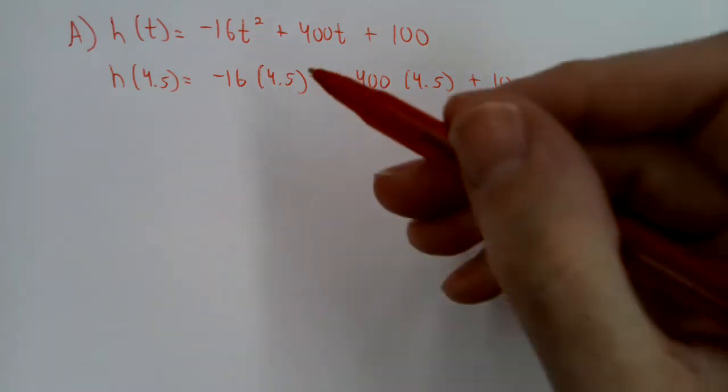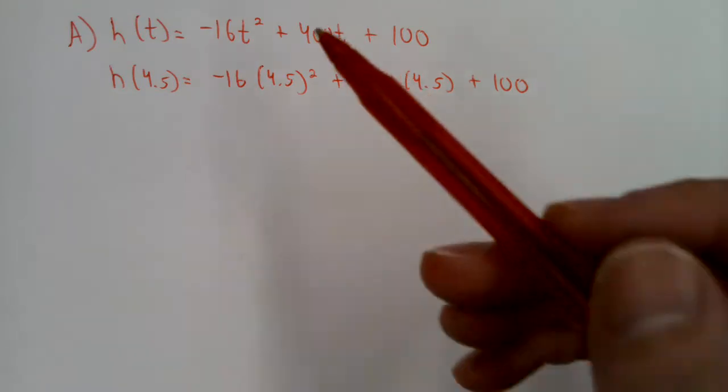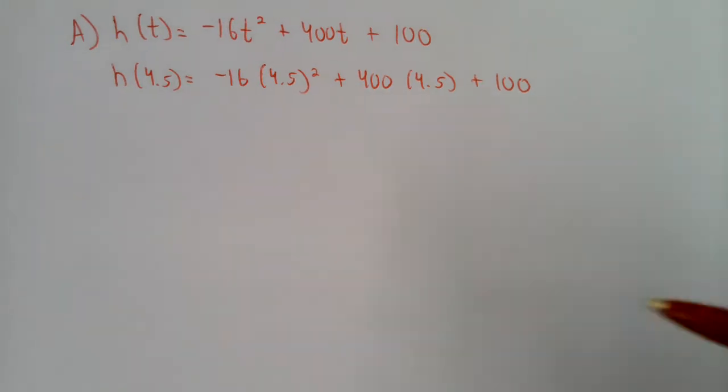Order of operations: do 4.5 squared, and then multiply by negative 16. Everybody, if you're at home watching the video, you should do that and make sure you got the right answer, okay?